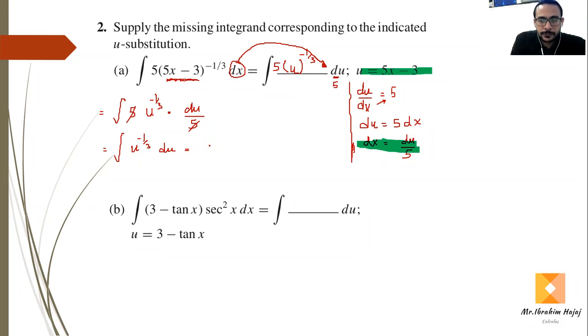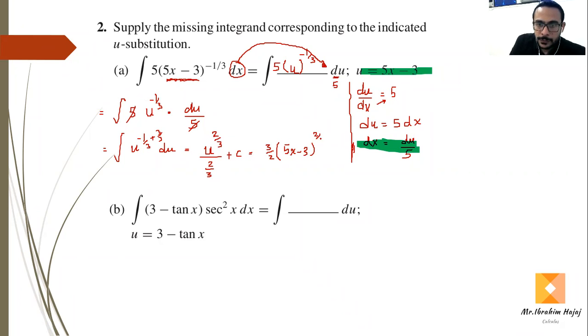u to the power of negative 1 over 3 plus 1. Just a moment. Plus 3 over 3, which is 2 over 3, over 2 over 3 becomes 3 over 2. Nice. Now replace u with the original function 5x minus 3.